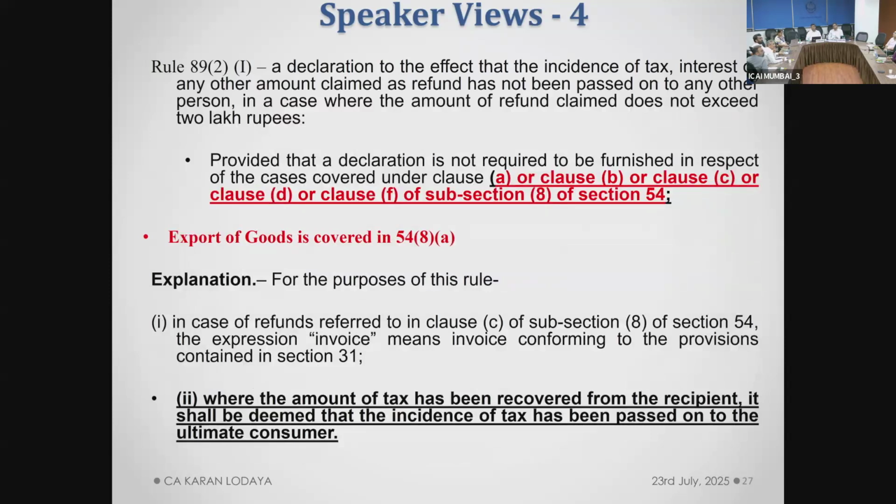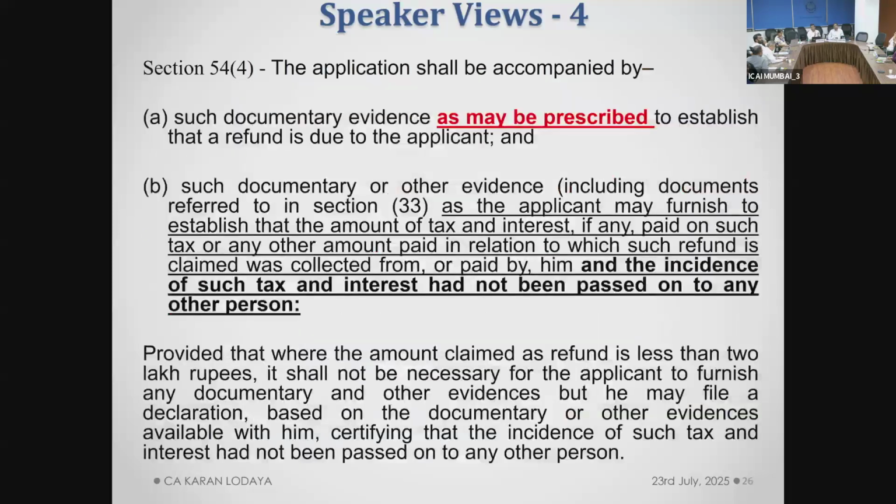So export is under 8(a). Export of goods, export of services is also there. So, in short, the question is whether export of goods requires me to prove unjust enrichment or not. This is for declaration, not a CS certificate.